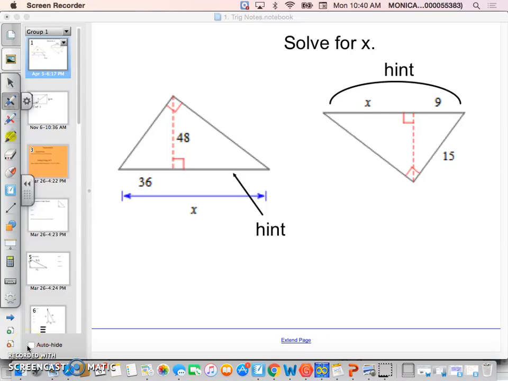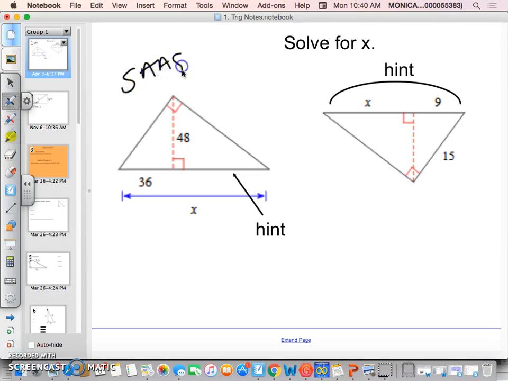All right, y'all, let's quickly review what we know so far. First of all, we know that if we drop an altitude and make three similar right triangles, in this case we know the altitude, so we would use SAAS.